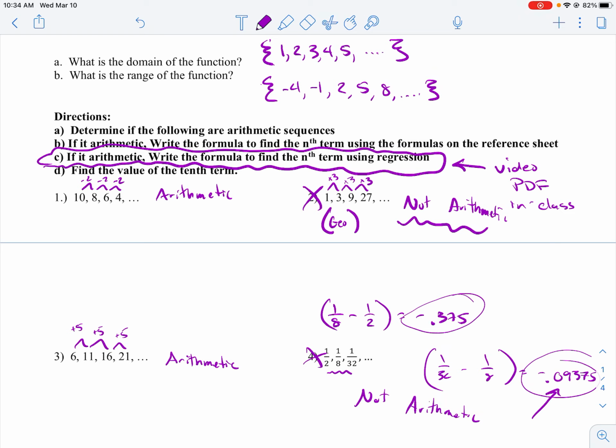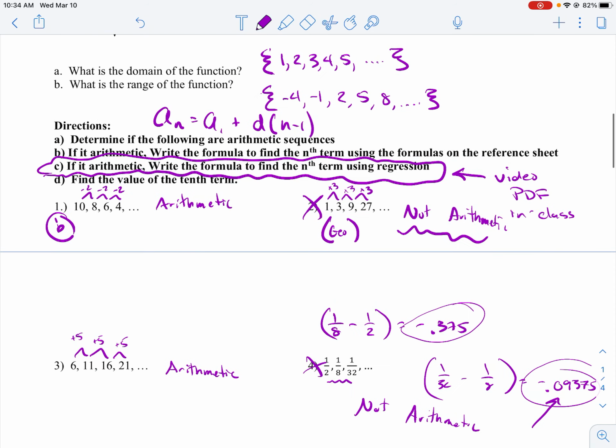Now, B involves using the formula. So remember the formula is this. We want to find the nth term using the formula. So you're going to start with your a sub 1, which is your first term. I'm going to move that d value to the front because that's normally where we keep things. All we need to find is our first term and our common difference.